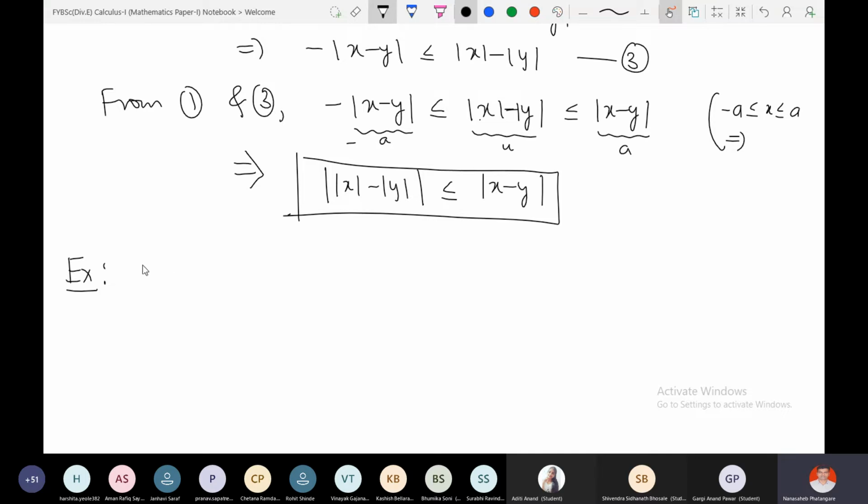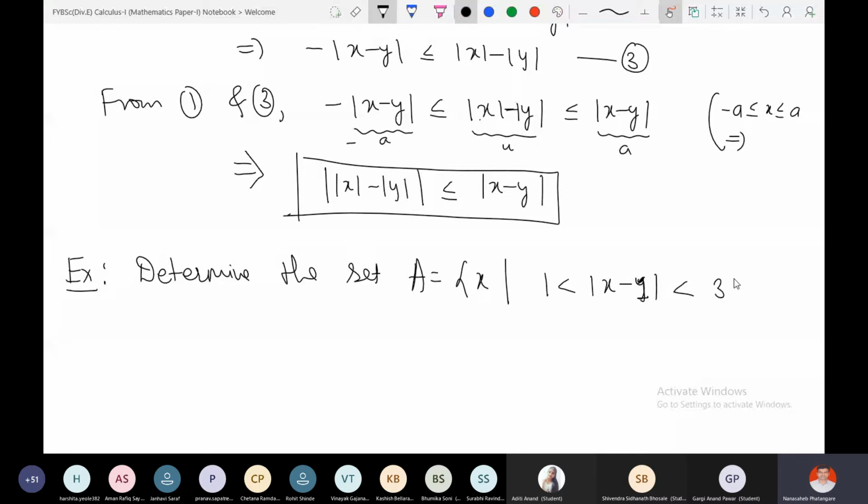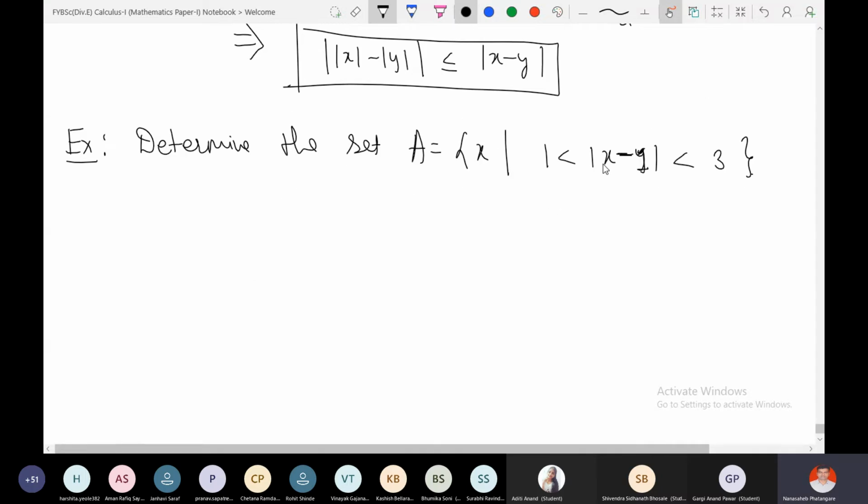So determine the x such that absolute value of x minus 1 is less than 3, for example. So I want to determine the set of all real numbers for which the absolute value of x minus 1 lies in between 1 and 3.